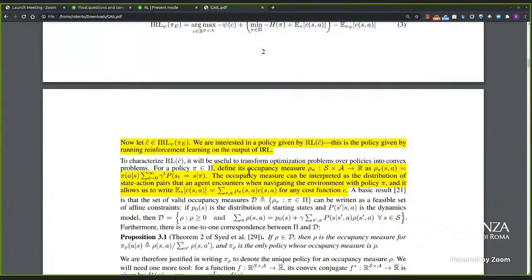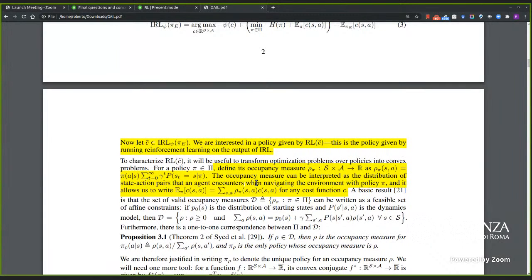Define its occupancy measure rho pi, defined in S and A as the following, which is the policy, so the probability of a certain action given a state, that multiplies this other term. Then the occupancy measure can be interpreted as the distribution of state action pairs that an agent encounters when navigating the environment with policy pi.